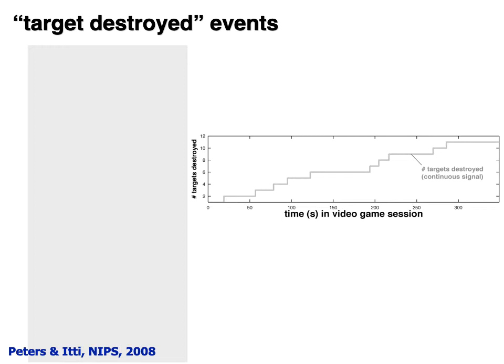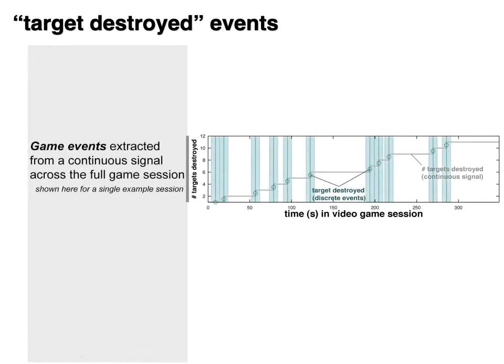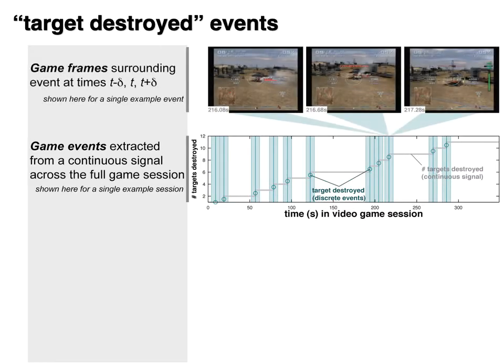The way in which we are going to do this is, first we record when those events occur. Here, each time that little broken line goes up, that means that a target was destroyed during that particular run of the game. We are going to consider plus or minus 5 seconds around each of those events, and then collapse all of the data aligned on the time of the event.